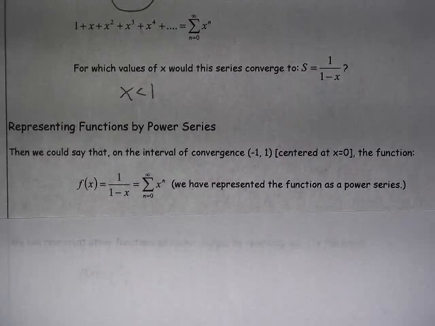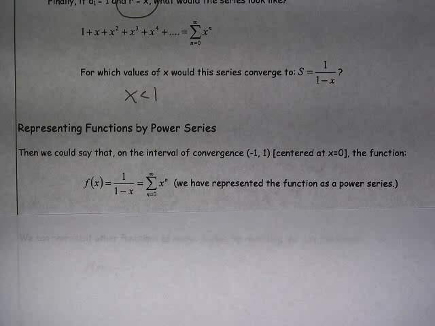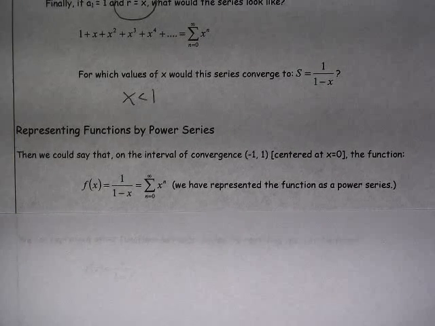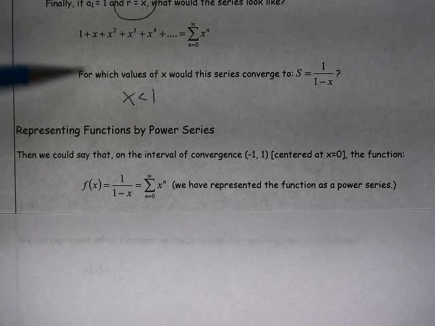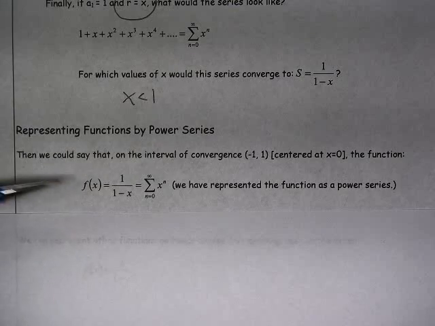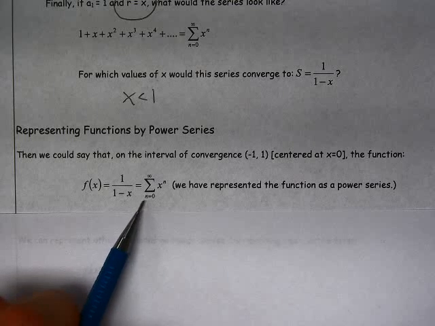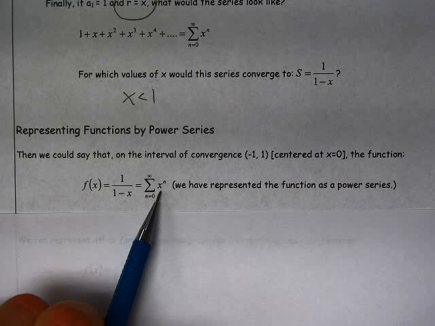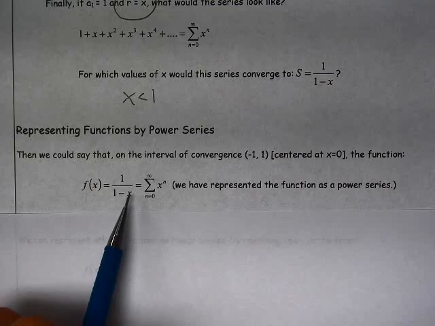All right, so we can represent different functions as a power series by using this idea of a geometric series. Another way of saying exactly what we said above, we worked at it from the other direction, but here we can say if we want to represent the function 1 over 1 minus x as an infinite sum, we can write it as a power series, and here's the infinite series that would represent that function.